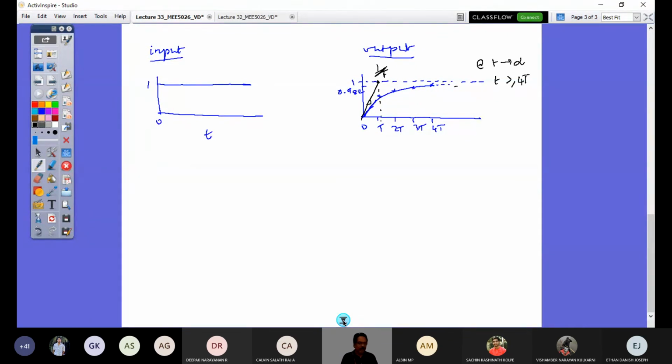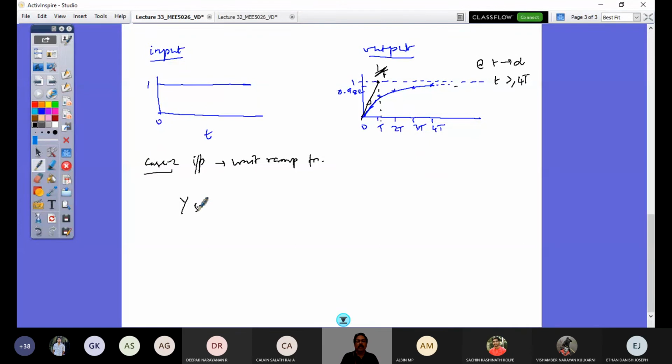If I have the unit ramp system, case 2, the input is a unit ramp function. Then the output C of s is going to be the transfer function 1 by Ts plus 1 into R of s.